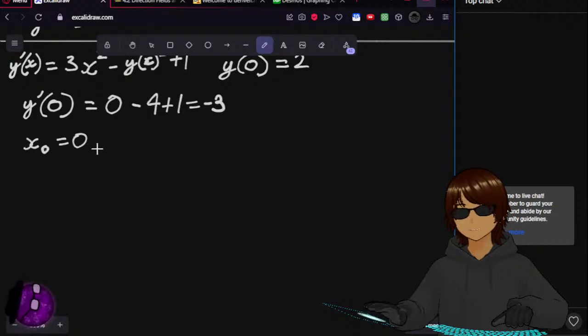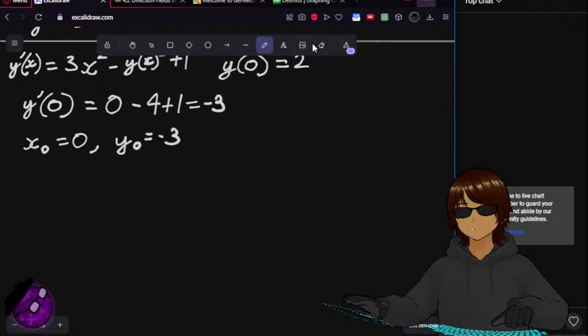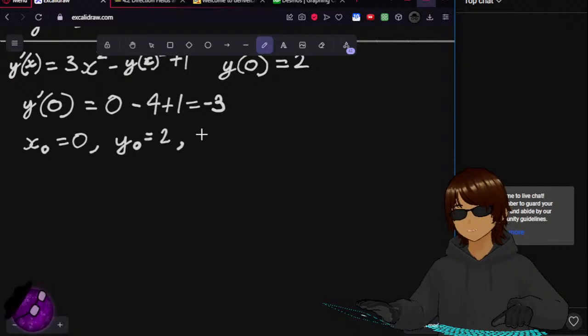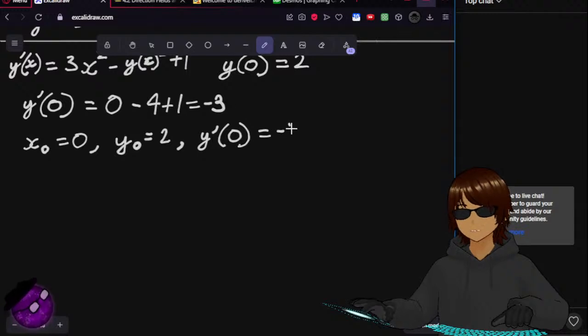x0 is equal to 0, y0 is equal to 2 because of this. The derivative is equal to -3.